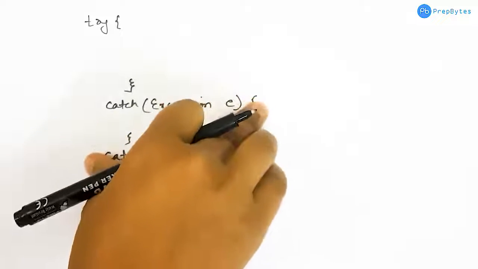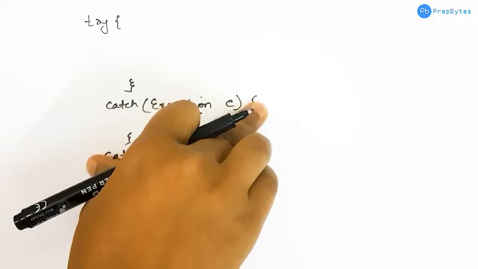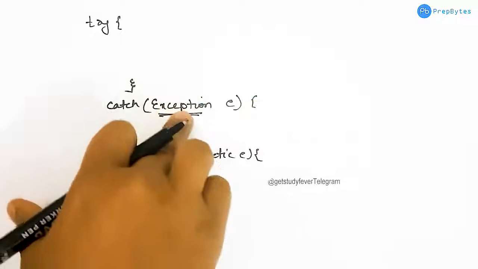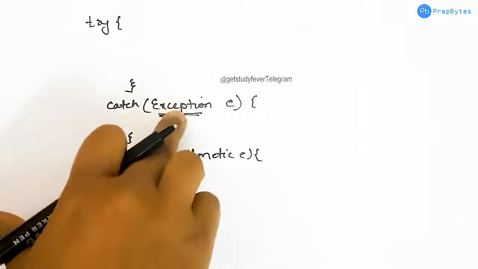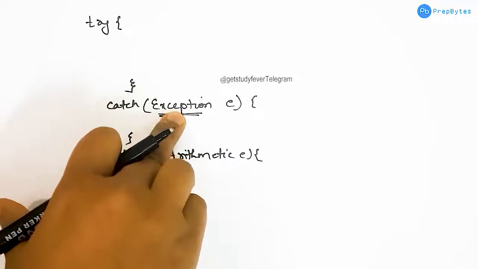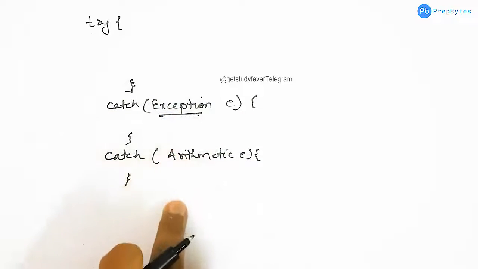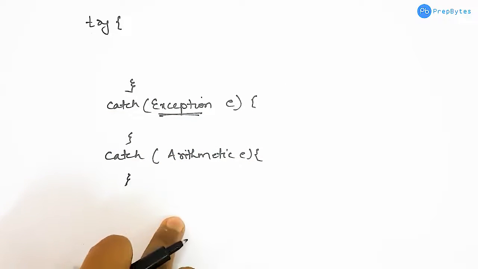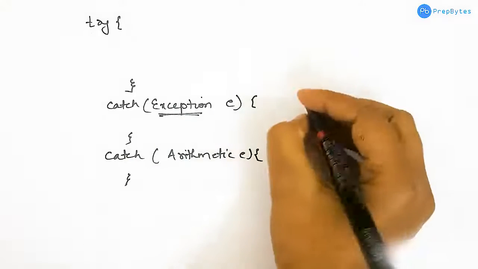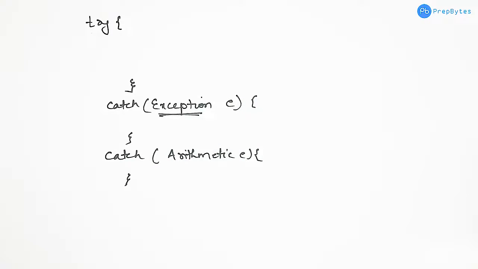Be it arithmetic or array index out of bound or null pointer or anything, this particular catch will handle that particular exception. So these particular catch blocks will never get executed. In Java, whenever there is a set of code that is unreachable, you get a compilation error. So make sure that you first write these subclasses, you first try to handle the subclass exceptions, and then you go on to write the superclass exceptions.